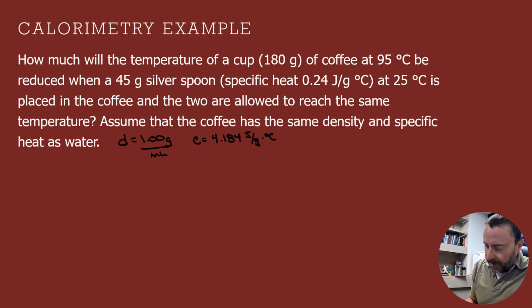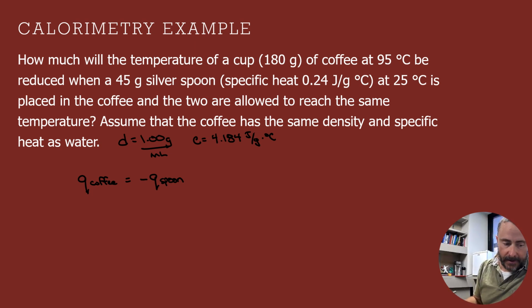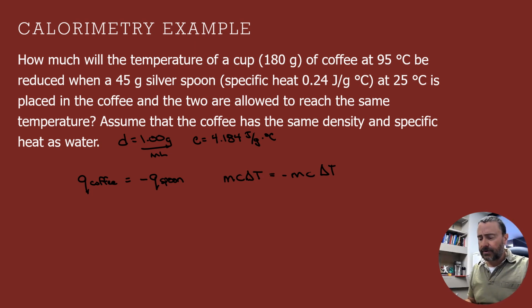Okay, so what we have here is the Q for one of our things. Not really a reaction taking place, but we've got the Q for the coffee equal to the negative Q for the spoon. They're going to be equal in magnitude, but opposite in sign. So again, that is MC delta T equal to negative MC delta T. I'm going to call the coffee my left-hand side.